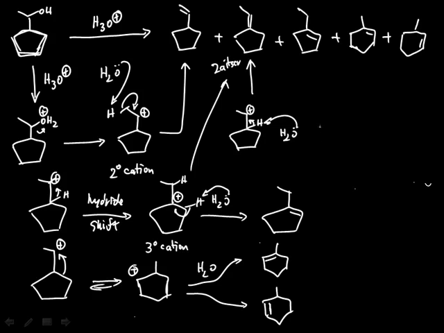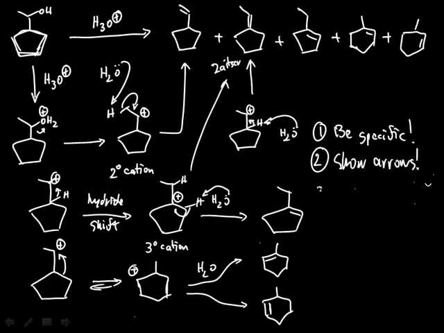So in order to solve mechanism problems, you need to be very specific. Don't assume that anything is obvious or evident. It's not. So be very specific. The second thing is that you should show the arrows that show the movement of electrons, because it allows us to track these things.